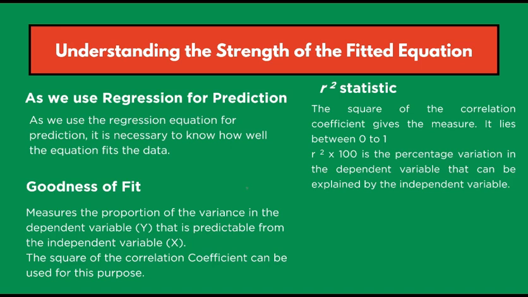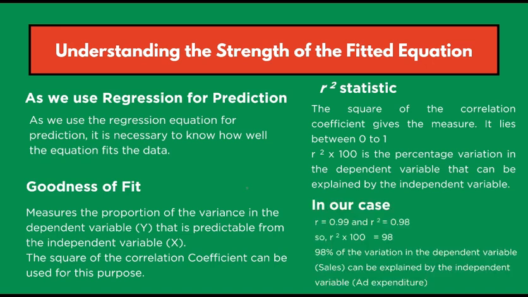Multiply the value of R square by 100. So if your R square is say 0.97, if you multiply it by 100, you will get 97%. What is the meaning of that percentage? That percentage is the amount of variation in the dependent variable that is explained by the independent variable.